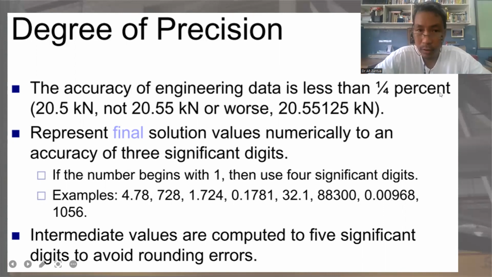Making computations finer than 1/4% is not worthwhile, because the accuracy of the data is only 1/4%. So what do we mean? 20.5 is okay, not 20.55, or worse, 20.55125. This is the worst answer.